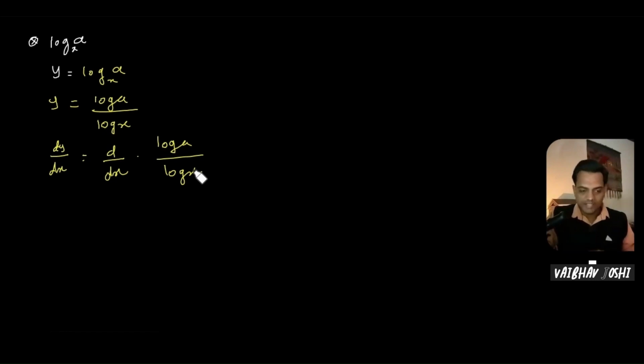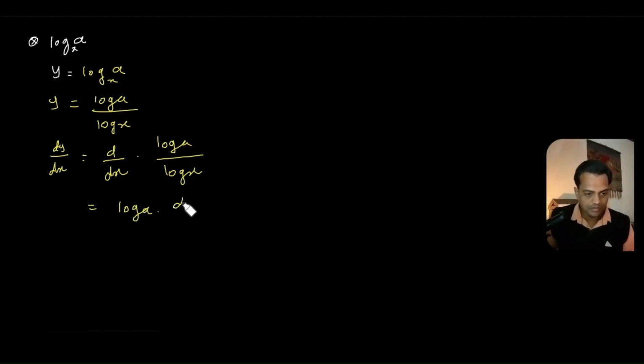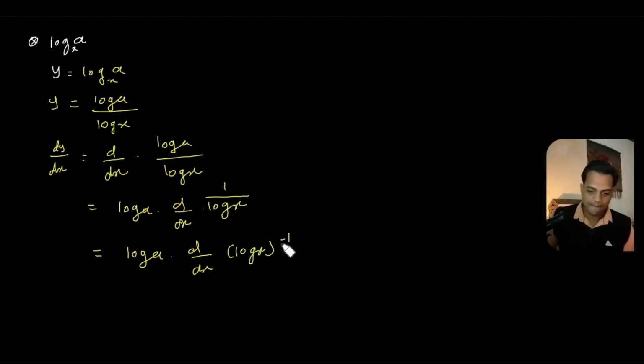So we can take this constant outside of the derivative term: log of a into derivative of 1 upon log of x. I can put this as log of a into derivative of log of x raised to minus 1.